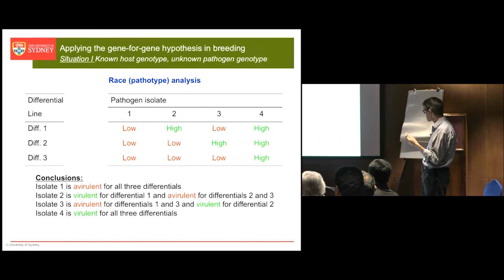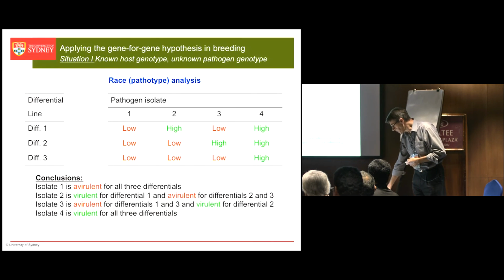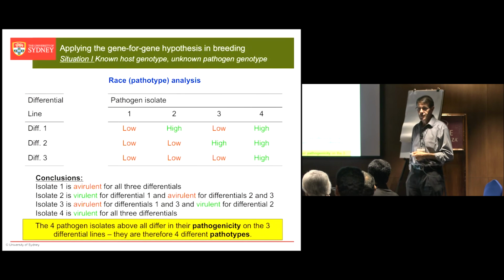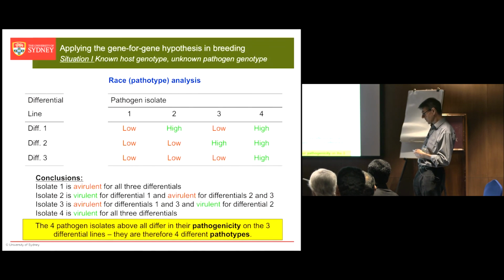So we've used three differential lines that we know the resistance gene status of to characterise the pathogenicity of 4 rust isolates. And we've been able to show that each one is a different pathotype. They're all different races, different pathotypes. They differ in their pathogenicity on the three differential lines.